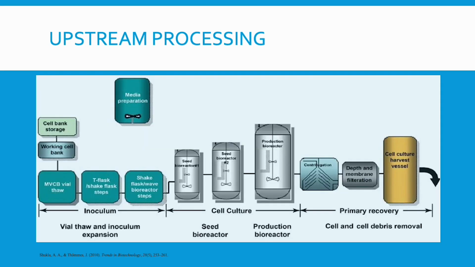This diagram shows a typical upstream process of monoclonal antibody production, where there are a series of bioreactors: the seed bioreactor for seeding, and the production bioreactor for the main cell culture. The seed bioreactors are run in batch mode, where the media and cells are fed together in the bioreactor.